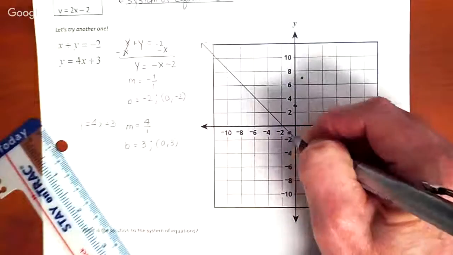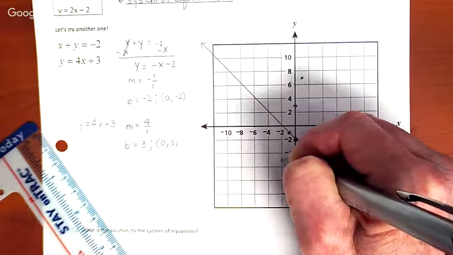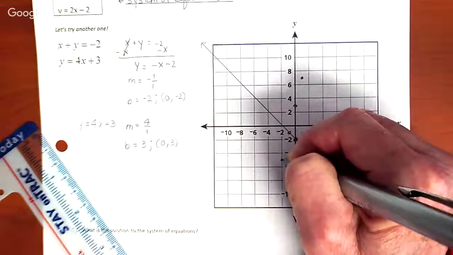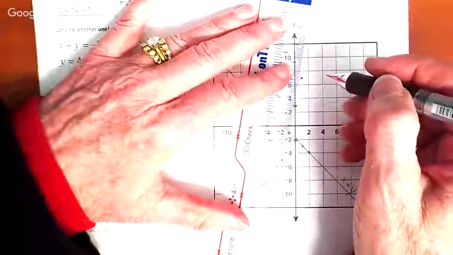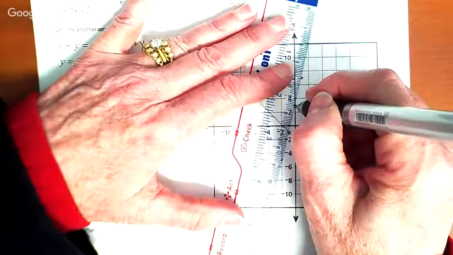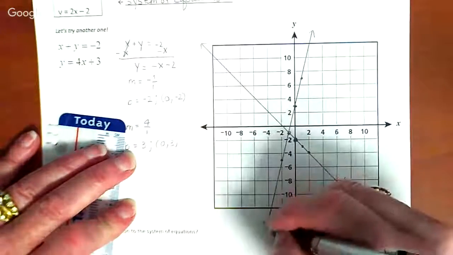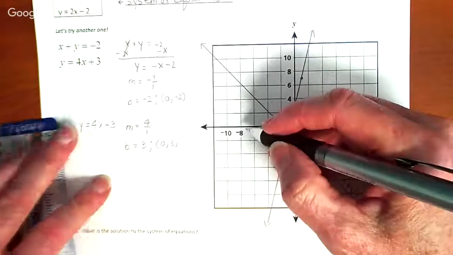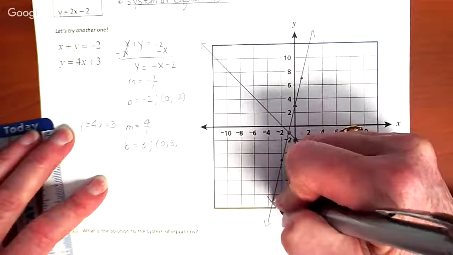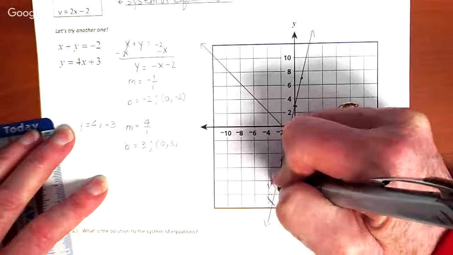Actually, I'm going to make one more point. I have 4 points. I normally like 4 points, as I said before. So we are going to graph this line as well. And we have y equals 4x plus 3.